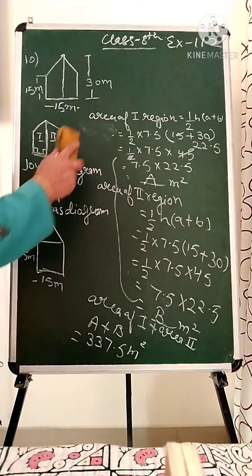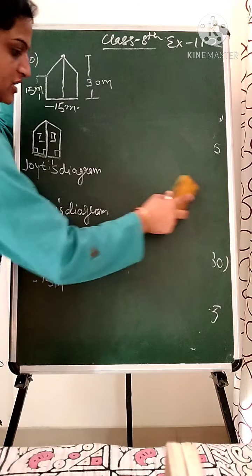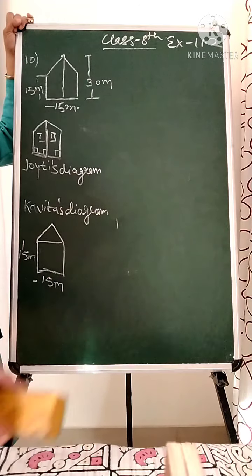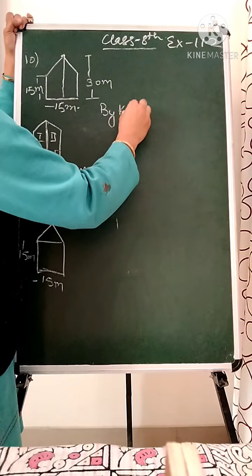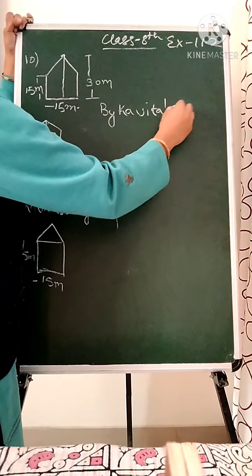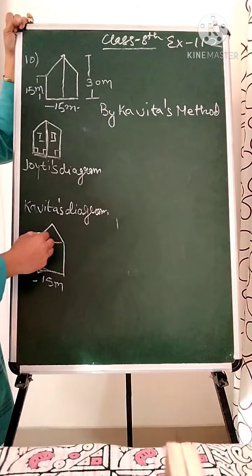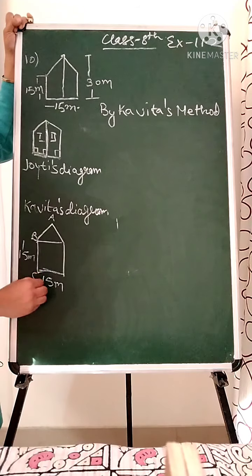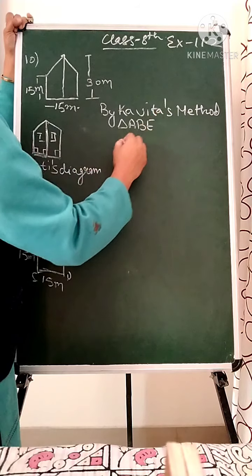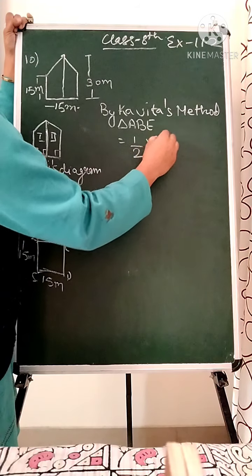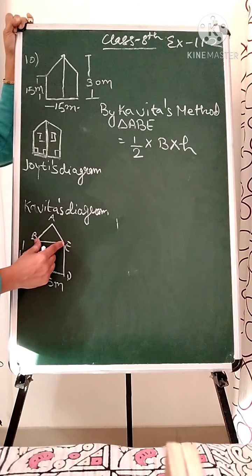Now, next method is Kavita's method. One is a triangle, and she divided the pentagon ABCDE into a triangle and a square. Area of triangle ABE is 1 by 2 base into height. What is the value of the base?